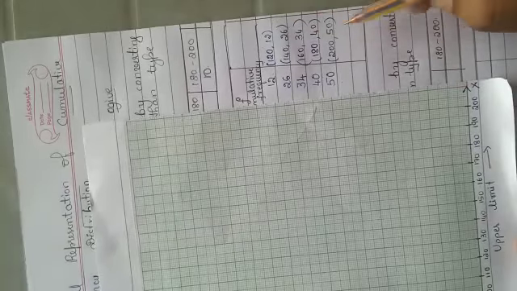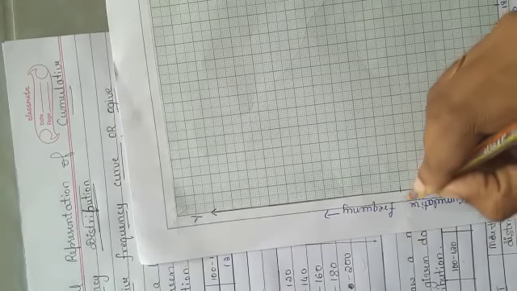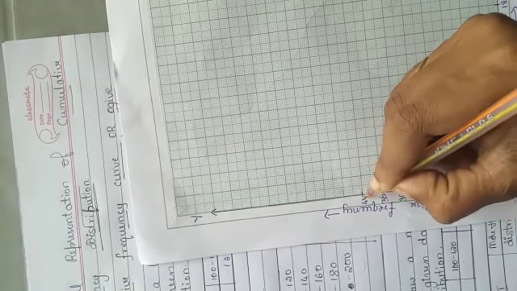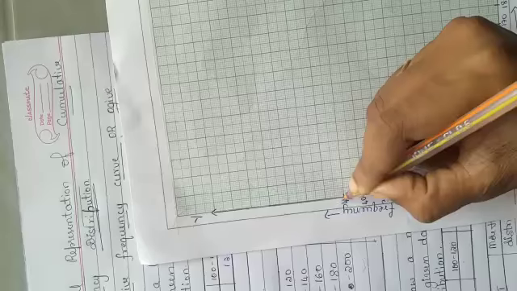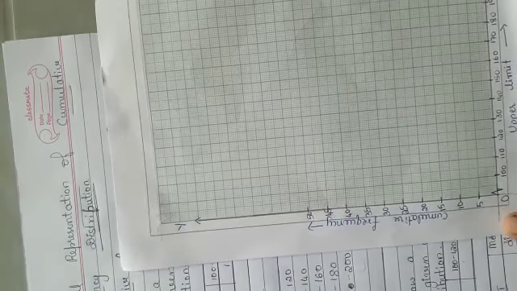And in the y-axis, the last point is 50, so I will take each 1 centimeter as 5: 5, 10, 15, 20, 25, 30, 35, 40, 45, 50.